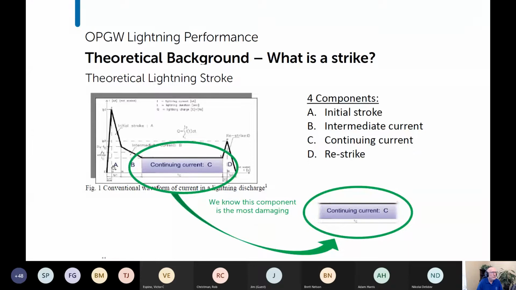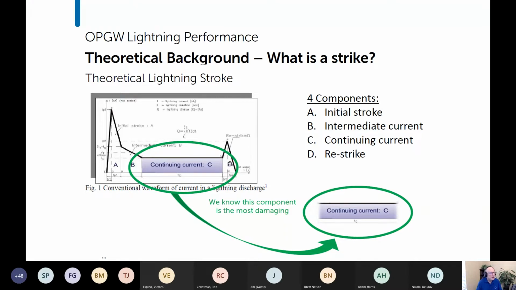That's this component A. The second is an intermediate current. That's this component B, which is like a transition from the initial pulse, the initial strike, to a continuing current. That's this component C. And then there's a restrike, which is another impulse like, and this is a component D.